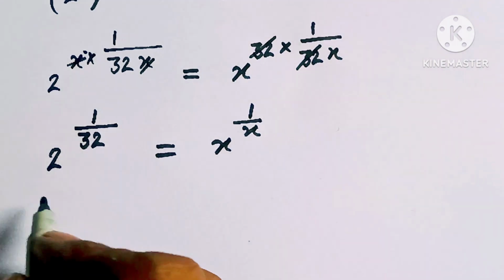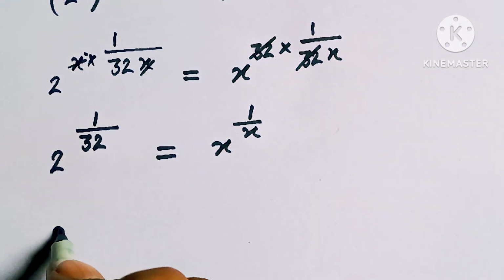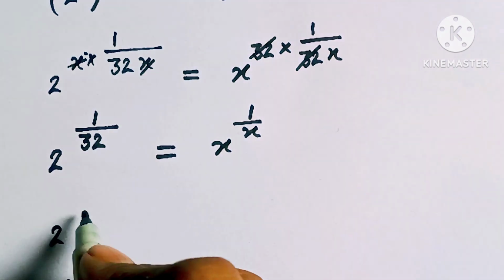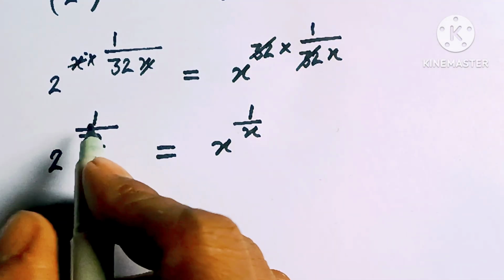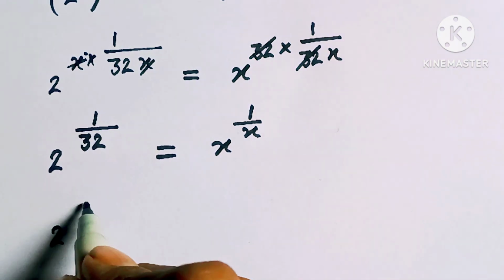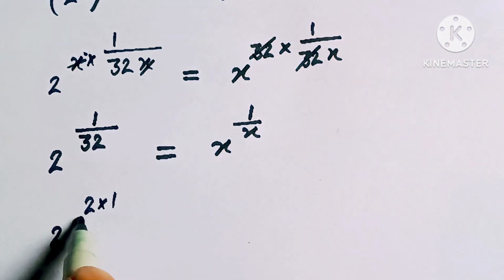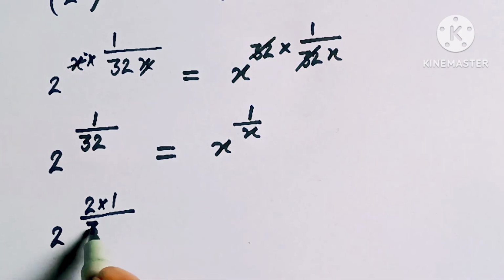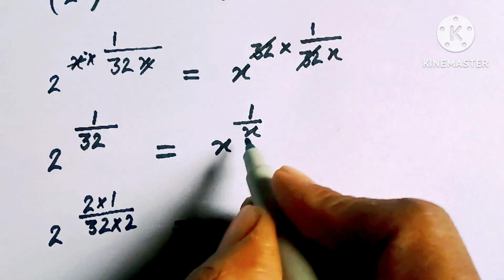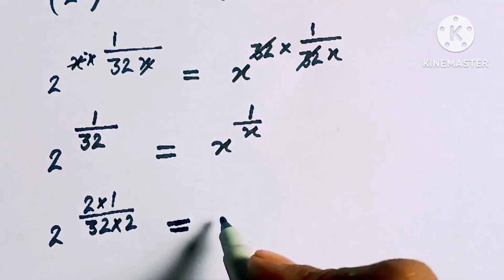So I'm just going to do one thing: on the left side I'm going to multiply the 2 by 2, and also multiply 2 with this numerator. So I have 2 into 1 divided by 32 into 2, and I'm not going to do anything on the right side.